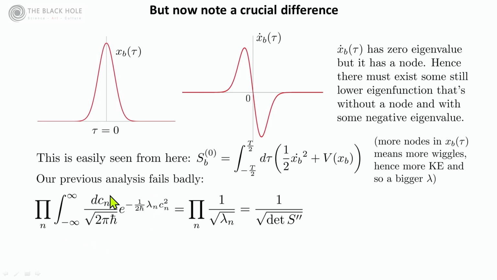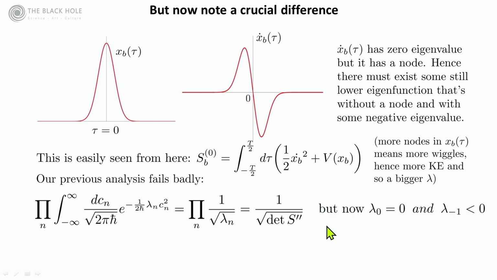Then when you do that, you have to do this Gaussian integral. This Gaussian integral gives you 1 over square root of lambda n, and that's the determinant of this operator over here, which is fine. Everything is okay.